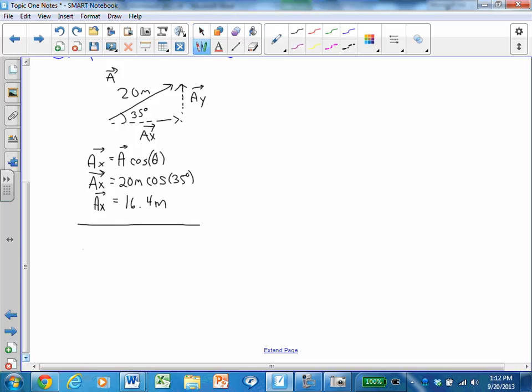AY, if you look on your reference sheets, it says, okay, so it would be what trig function? Sine, because sine is associated with opposite, right? Good. So A sine theta, 20 meters, sine 35 degrees.